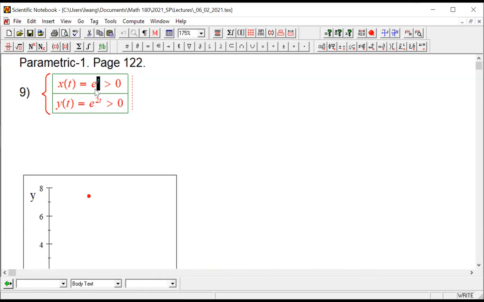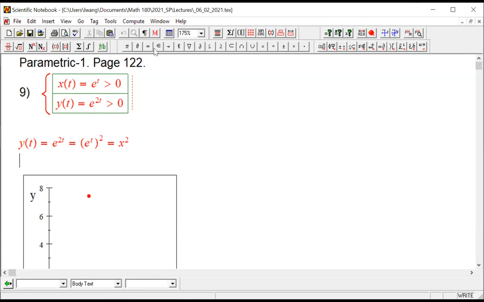So you can see e to the power t is x, and y is e to the power 2t. And e to the power 2t is e to the power t squared, so that's just going to be x squared.